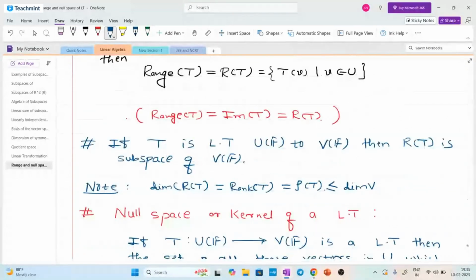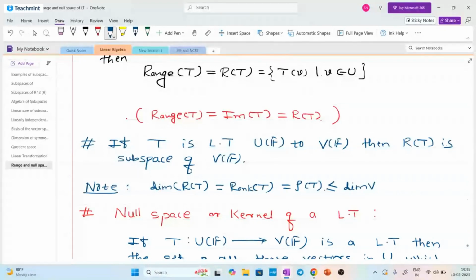Then if T is a linear transformation from U to V, then the range of T is a subspace of V over F. The range is always a subset of the codomain, and moreover, if T is a linear transformation, then that subset becomes a subspace of the codomain vector space.